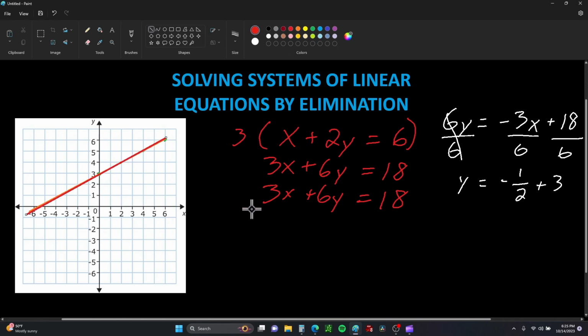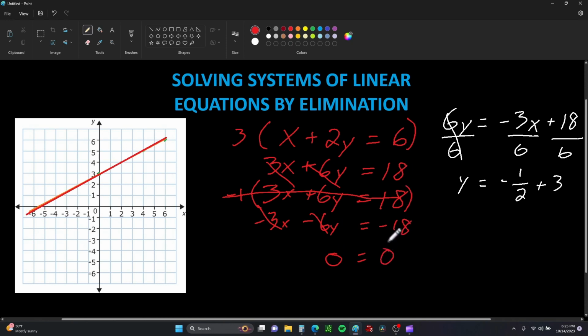And getting back to this over here, I'll multiply this one by -1. So I get minus 3x minus 6y equals minus 18. And now I'm comparing this line with this line. If I was to add them, I would get 0 on this side equals, and 18 minus 18 is 0. In contrast to the prior example, which had 0 equals -2, this one, 0 equals 0, is infinitely many solutions.